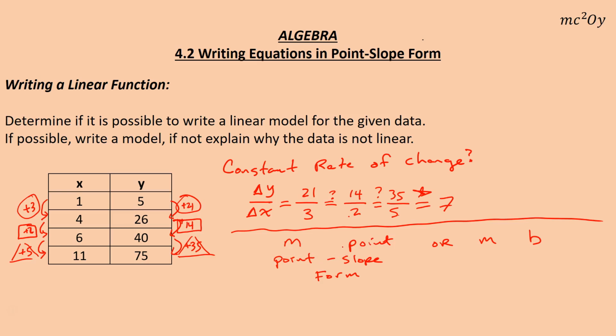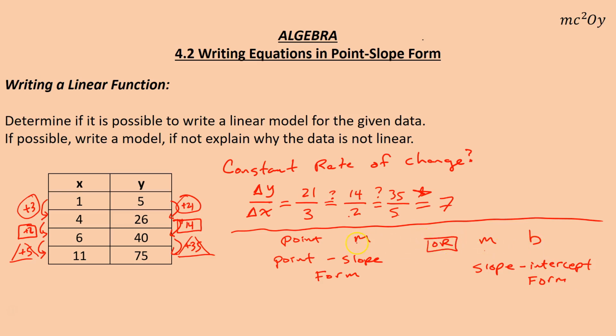And just because of my type A-ness, we need to know a point and we need to know m. Those are the two things we need. If we want to write it in slope-intercept form, we need to know the slope and the y-intercept. So we have two ways we can write it.